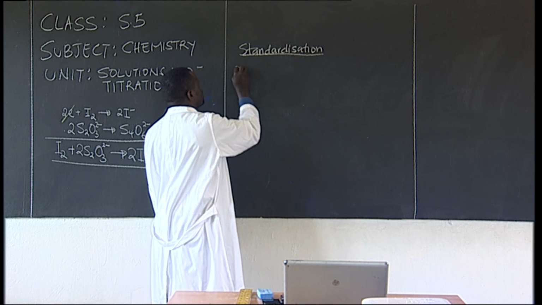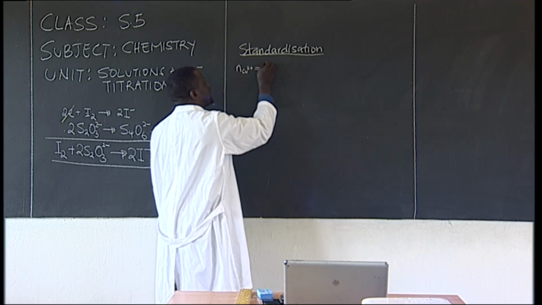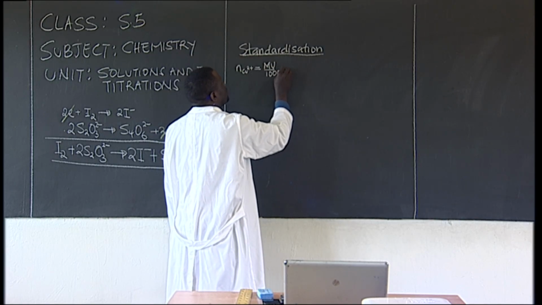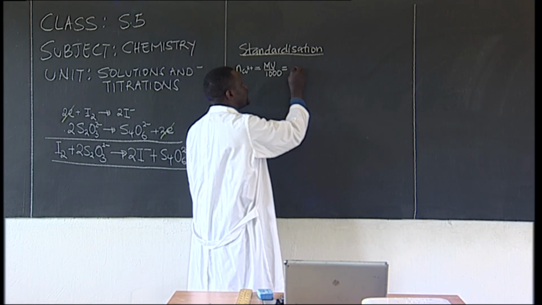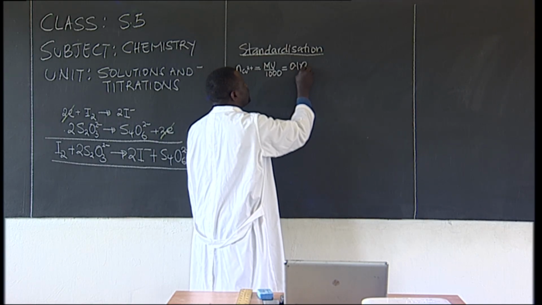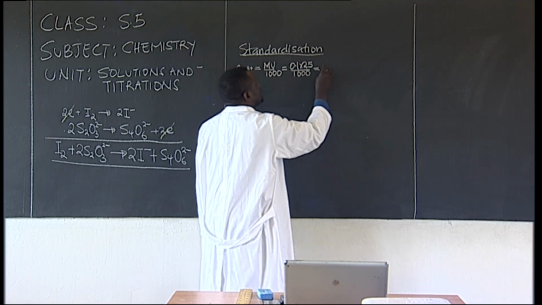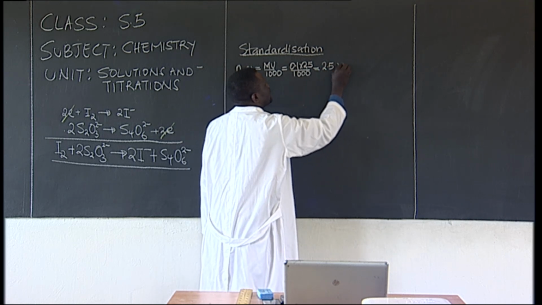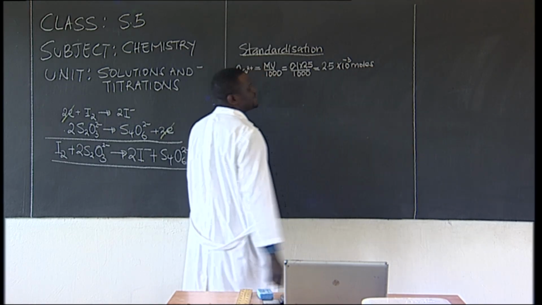Moles of copper 2 equal molarity times V over 1,000, or we can use MV. Our molarity is 0.1 times volume, which is 25, divided by 1,000. So we shall have 2.5 times 10 to the power negative 3 moles.